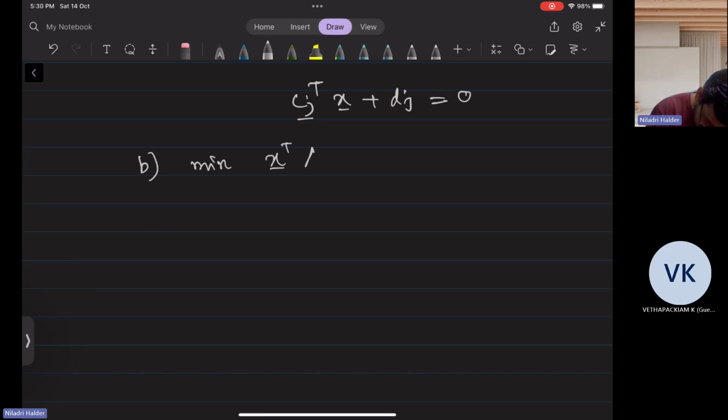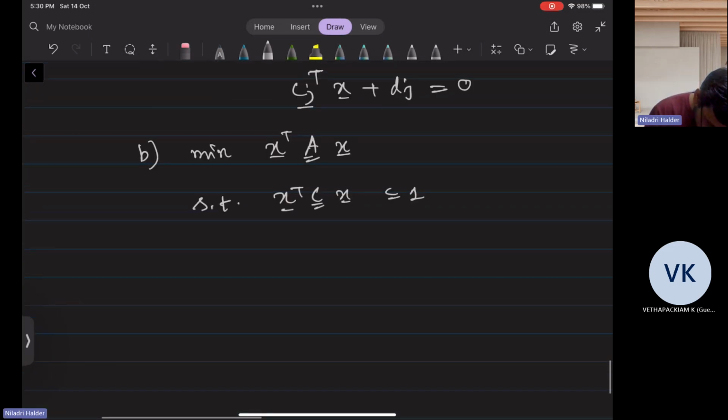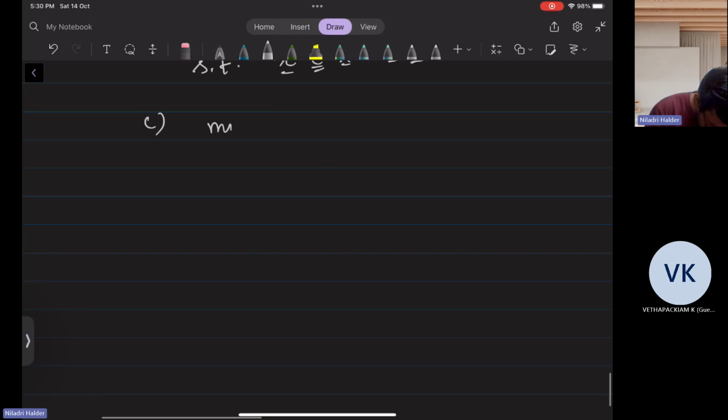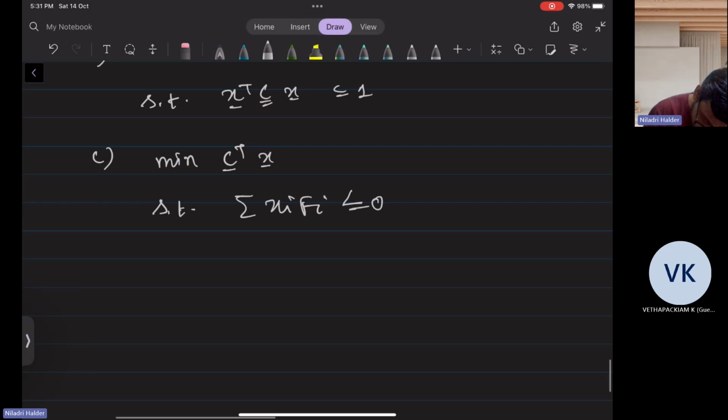x transpose A x subject to x transpose E x less than or equal to 1. Option C is minimize c transpose x subject to summation of x i F i less than or equal to 0 and A x equal to b.